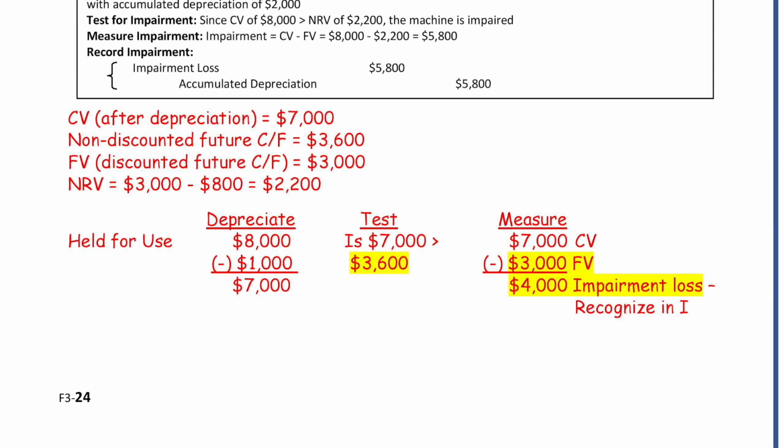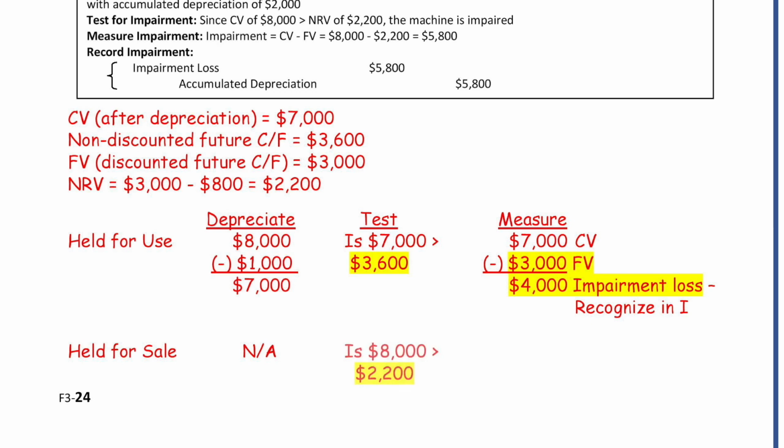And bottom of the page, let's first make notes here, held for sale. Now for held for sale assets, we do not depreciate. So put NA for depreciation. So the carrying value at the beginning of the year for the asset was $8,000 and you don't depreciate any further. Now when you look at the test for impairment, you're looking at the carrying value which has not been depreciated. Compare that to NRV.